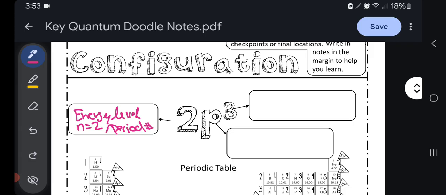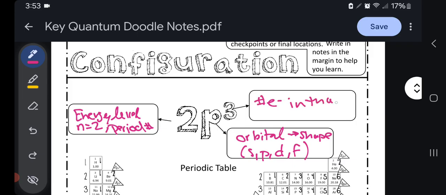P is telling me my orbital, which tells me the shape. Is it a dumbbell, a sphere? It'd be S, P, D, or F. And again, the way you can tell that is where your last electron lands. Now the 3 exponent is the number of electrons in that subshell.